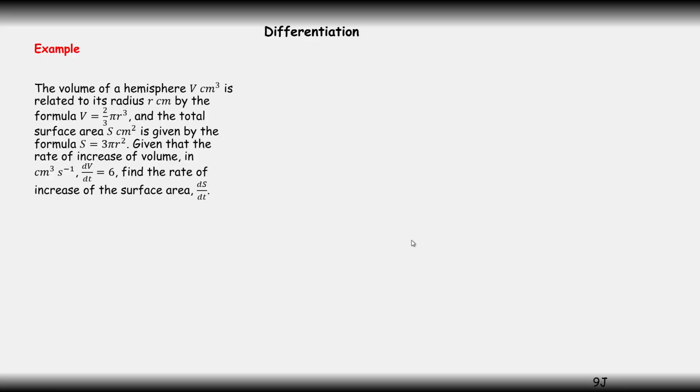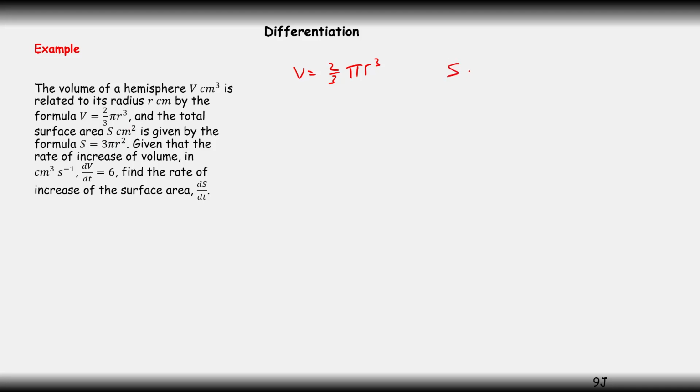Okay, so let's have a look at this example we've got here. It says the volume of the hemisphere V is related to its radius r by the formula V equals 2 over 3 pi r cubed. So we've got V is equal to 2 over 3 pi r cubed. The surface area is given by the formula S equals 3 pi r squared.